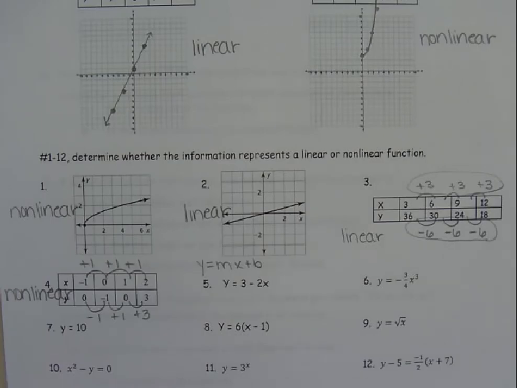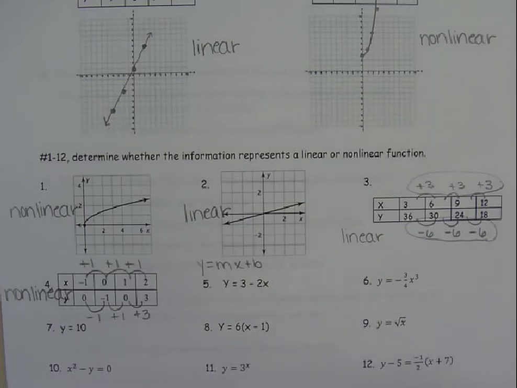Another easy way to tell is that in order for it to be linear, it typically has an x and a y. It does not have to have an x, it could just have a y equals. But it can't do crazy things on the x. There can't be any square roots on the x, the x can't be squared or cubed, and the x cannot be on the bottom. So if there's any crazy things happening with your x, it would not be linear.